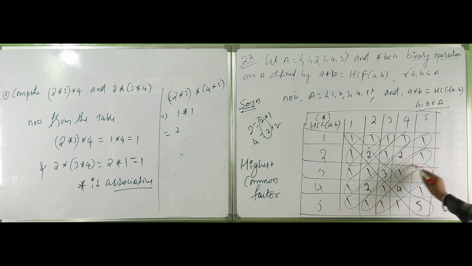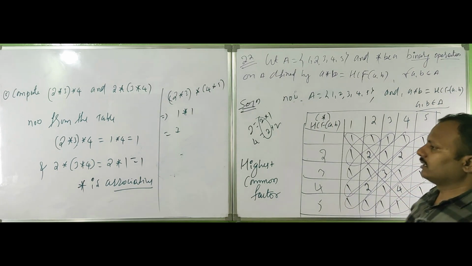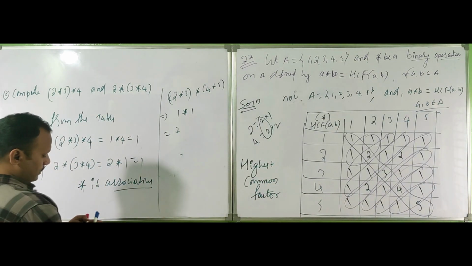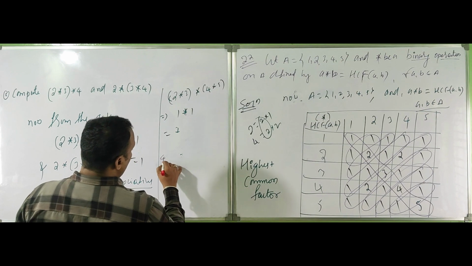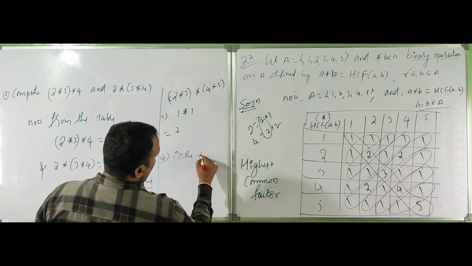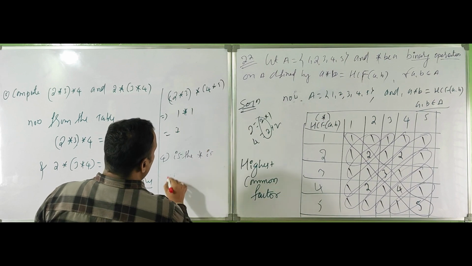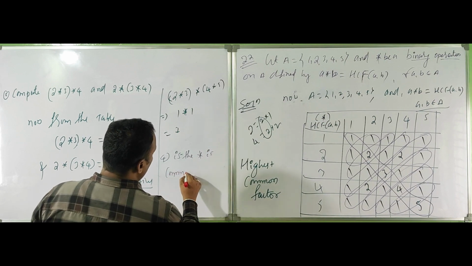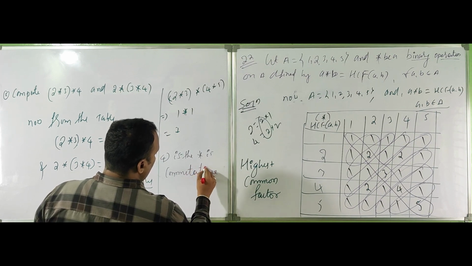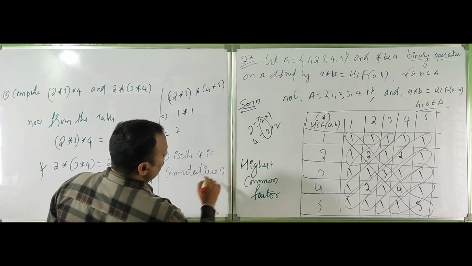Therefore, the fourth one they have given: if the star operation is commutative, how to write?